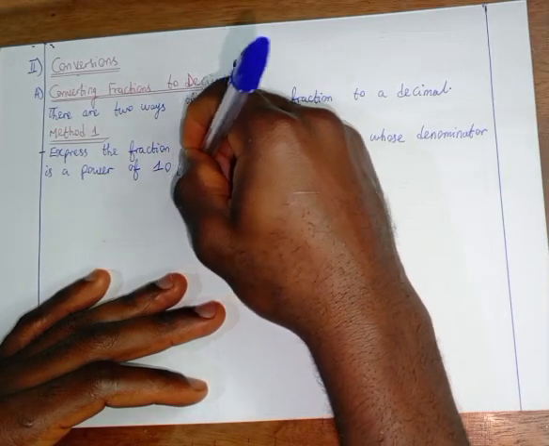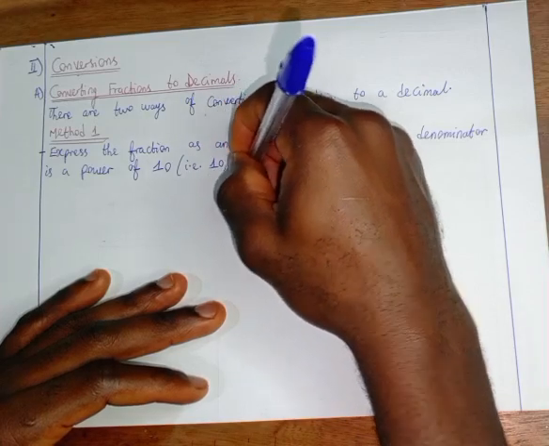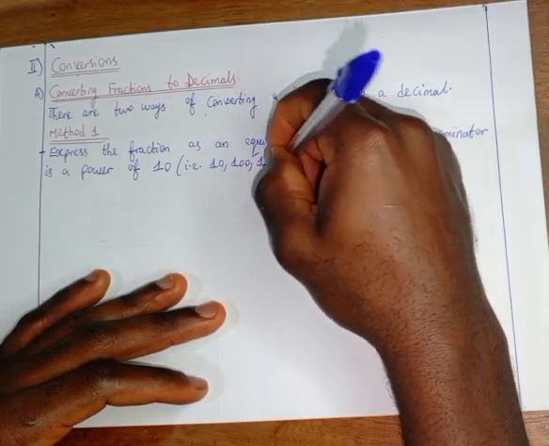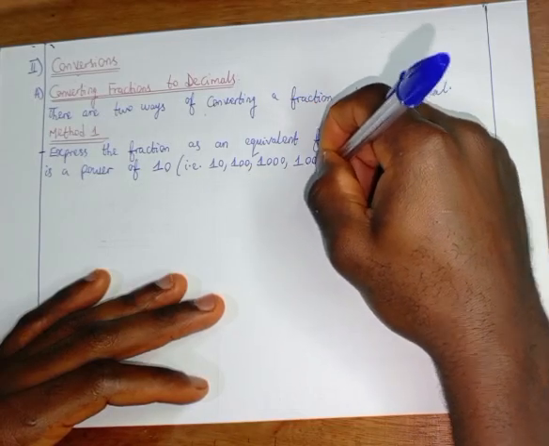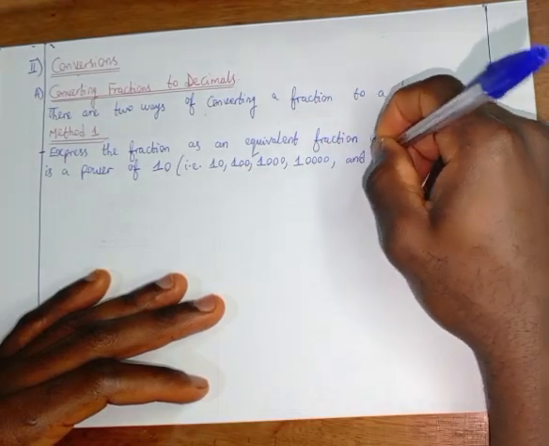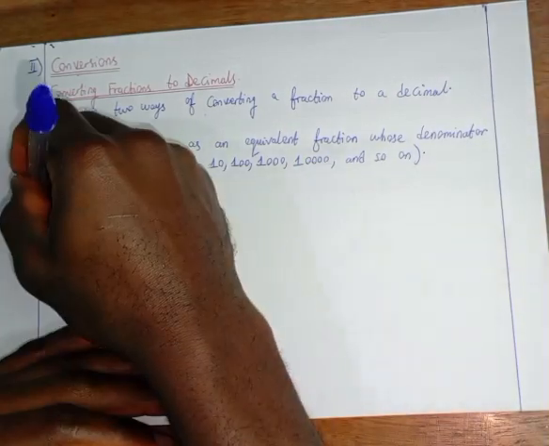That is, the denominator is either 10, 100, 1000, 10,000, and so on. That's what it means.